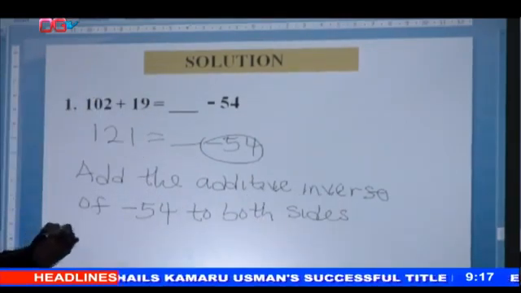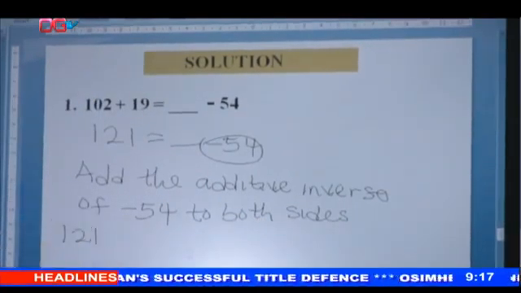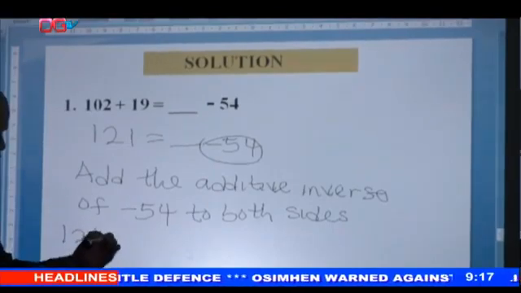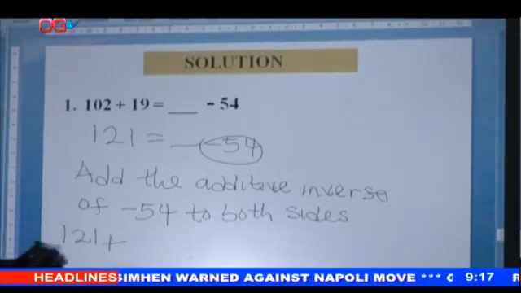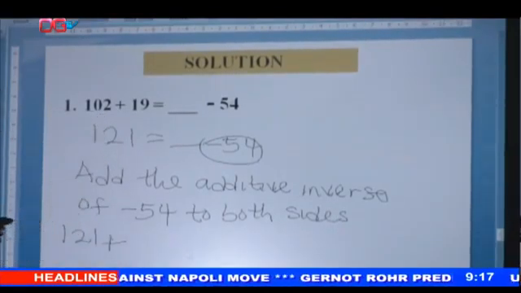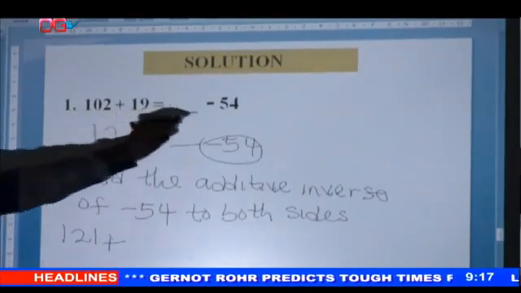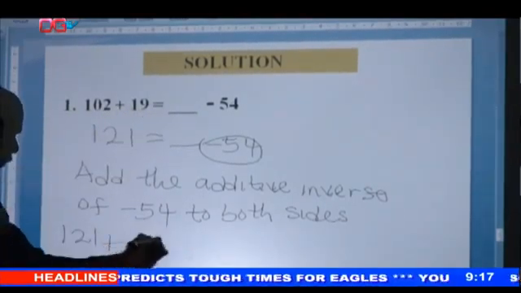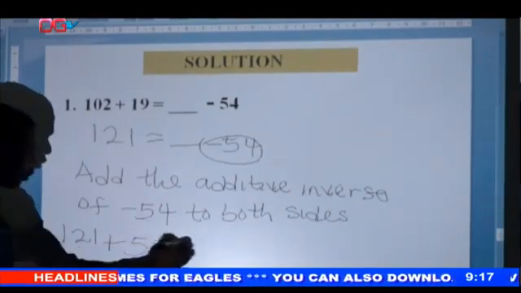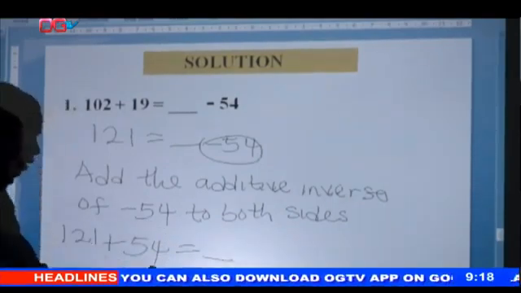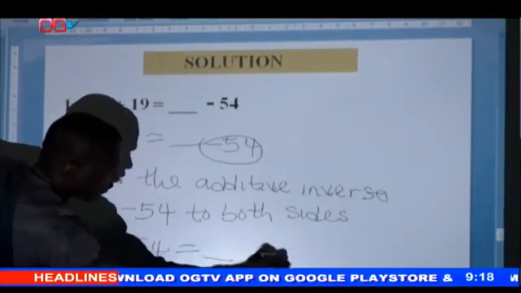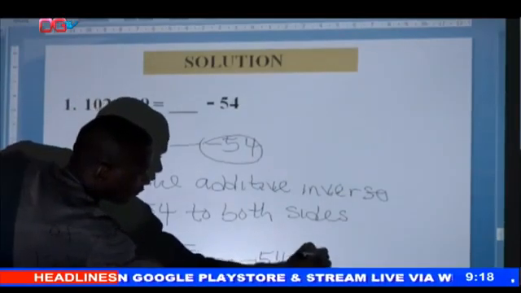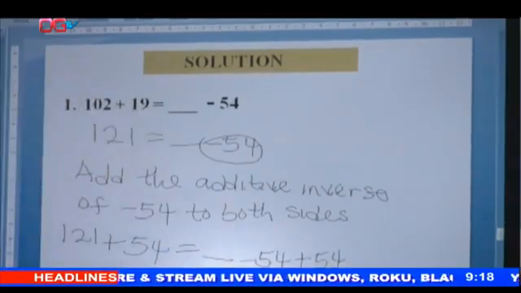Okay, now we have 121 here plus 54, because it is minus 54 here, equals dash minus 54 plus 54.